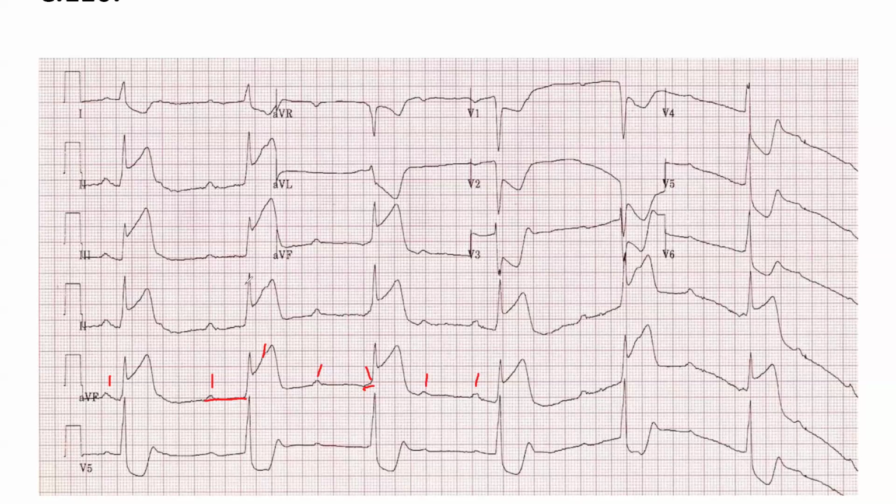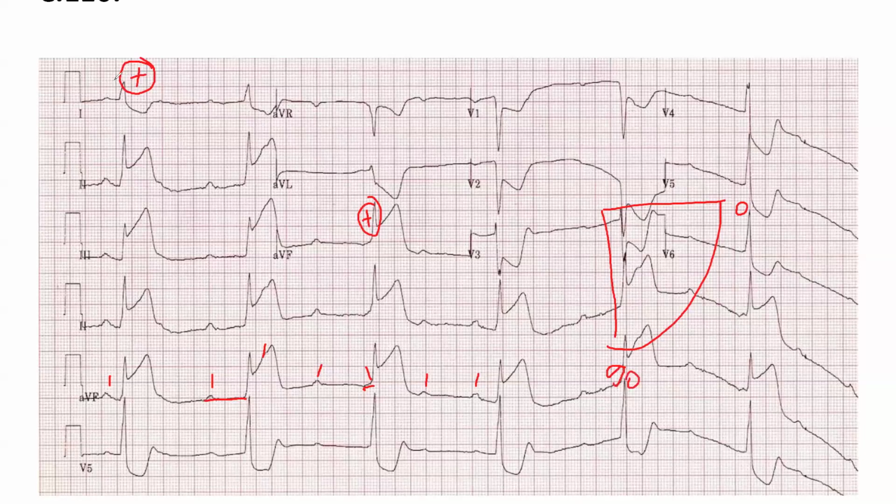Axis. Left axis deviation? AVF, no way, Jose. Lead number 1 is positive. AVF is positive, meaning that's completely normal, between 0 and 90 degrees.